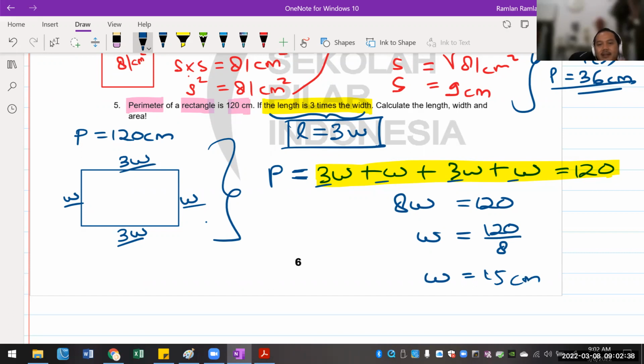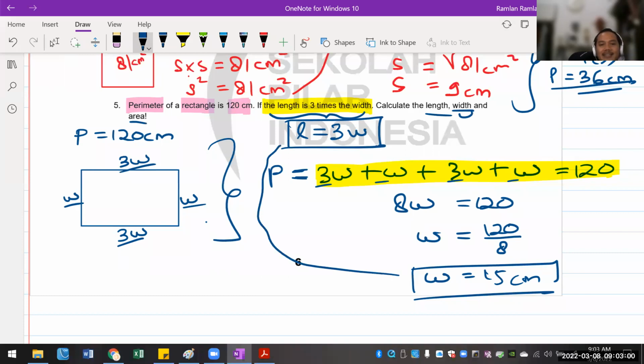15 cm. So here we go, we have one piece of information: the width. Checklist that. And then we also need to find the length and the area. We cannot find the area without the length, right? So the first thing after finding the width is finding the length. We know that L equals 3W.